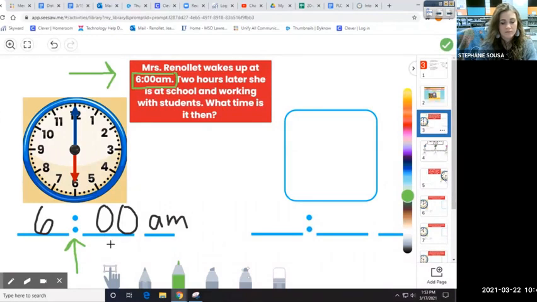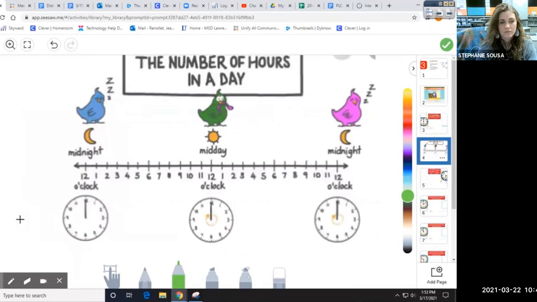Next, I'm going to figure out how much time has passed. My story says 2 hours later. This word later is important. It tells me that time is passing, that I'm moving forward in my day. We know that there are 24 hours in a day. That word later tells me I'm going to move forward to find what time it is now.